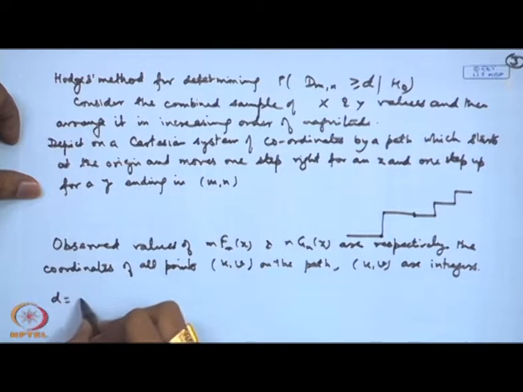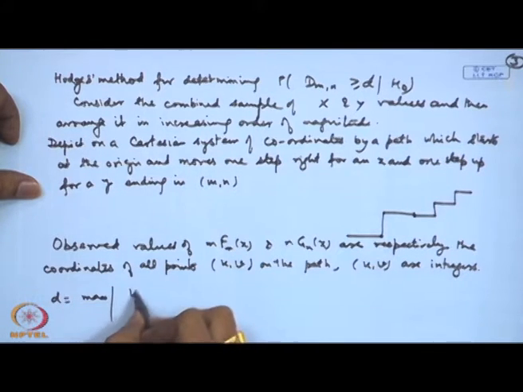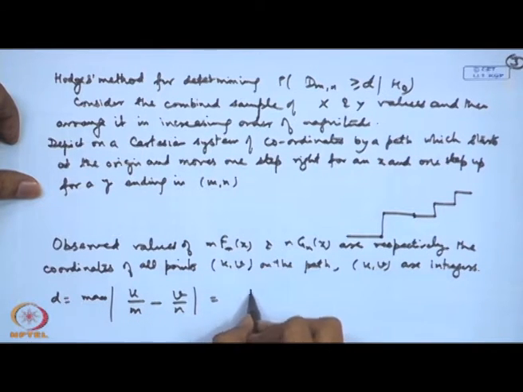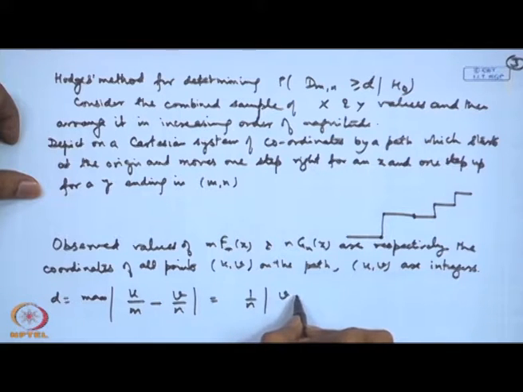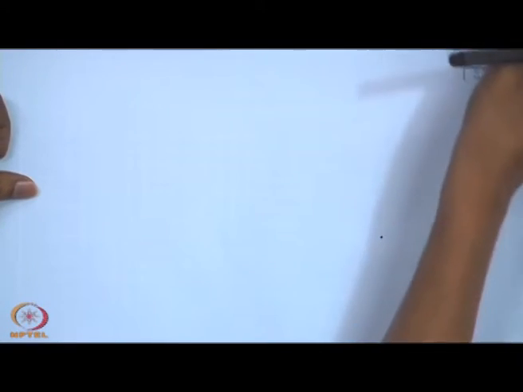So d is then equal to the maximum of |u by m minus v by n|, which we can write as 1 by n times |v minus n by m u|.